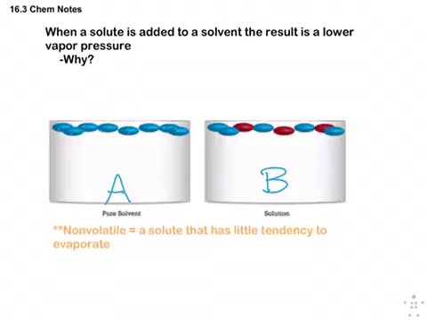You'll notice that all of the molecules at the surface are obviously solvent molecules. However, when you add the solute in, typically a solute is a solid, and solids don't generally or very easily evaporate. Going from a solid to a gas requires a lot of energy, a lot more energy than is found in a natural situation. So notice that having these solute particles takes up space, right?